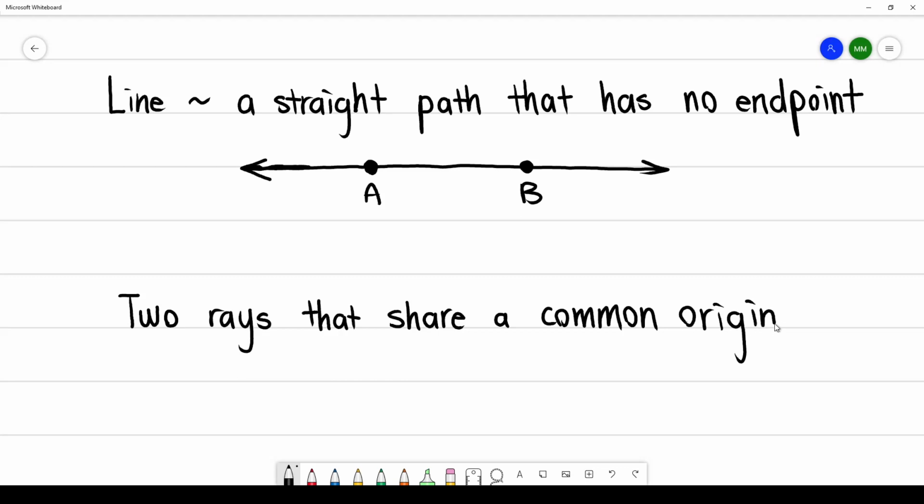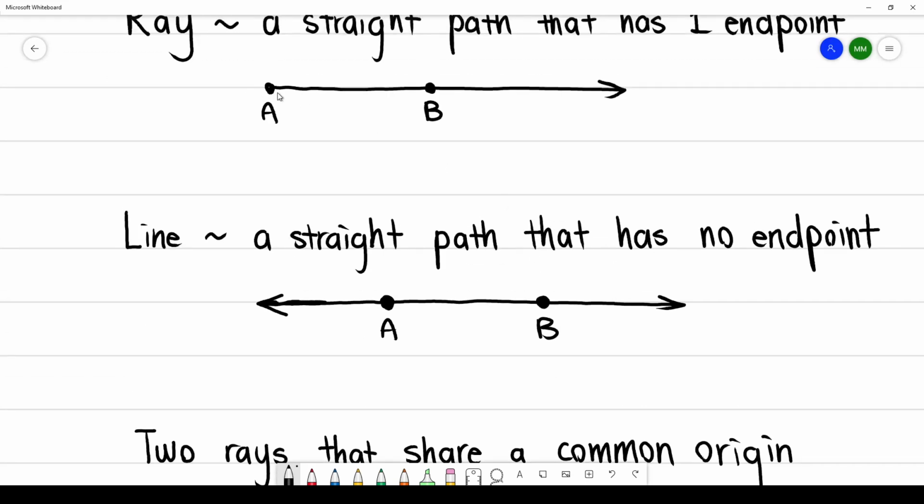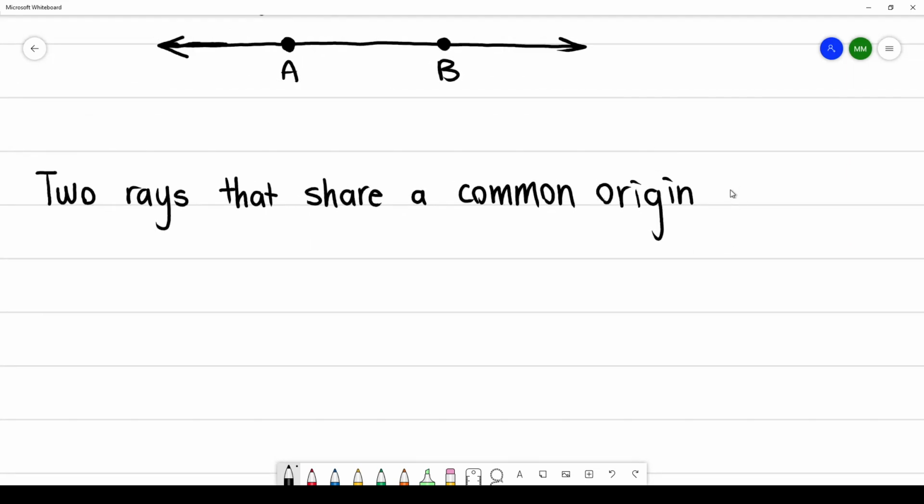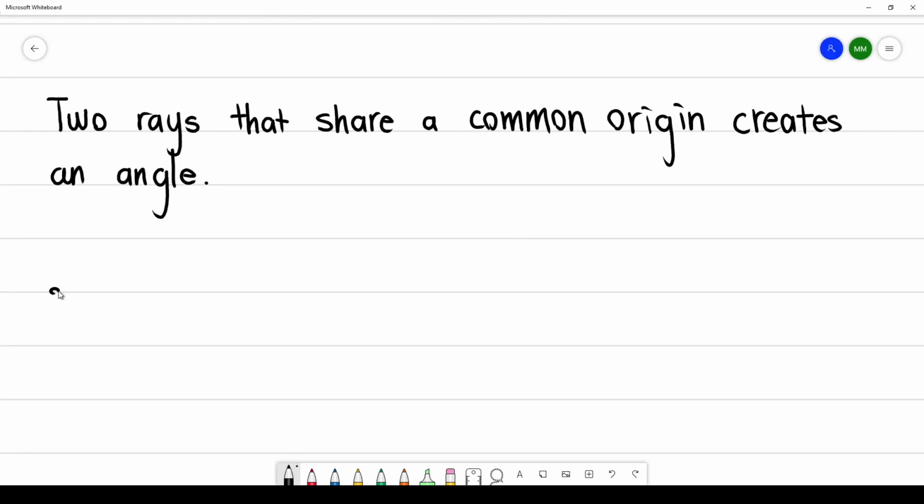So this would be an origin. Creates an angle. So if this is an origin, then you have two rays. And then what's in between this here is an angle.